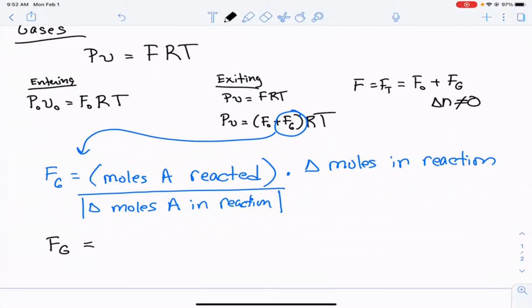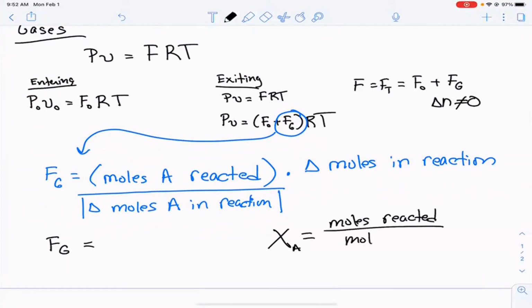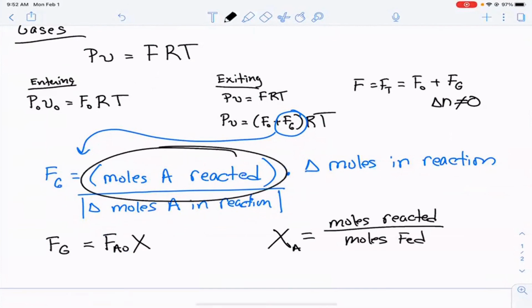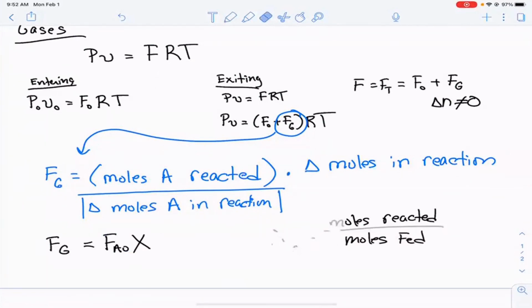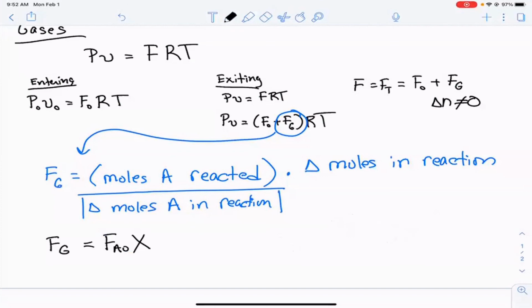Remember that we had defined conversion as the moles reacted over moles fed. So the moles of A that have reacted is just equal to the moles fed times the conversion. So that's just FA0 times X, right? That's what this thing is. And hopefully that makes some kind of sense to you.